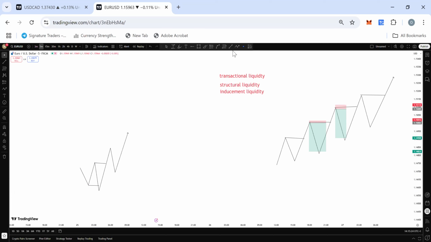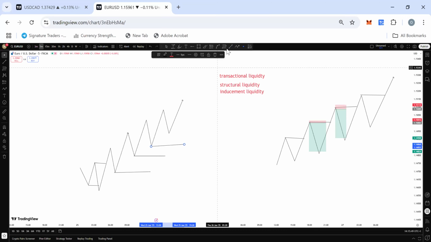Now, price starts creating this kind of movement, whereby we're actually waiting for our inducement normally. Now, all these movements here that price is actually creating, these areas are all structural liquidities, because the market makers are actually seeing that these are stop loss, stop orders.